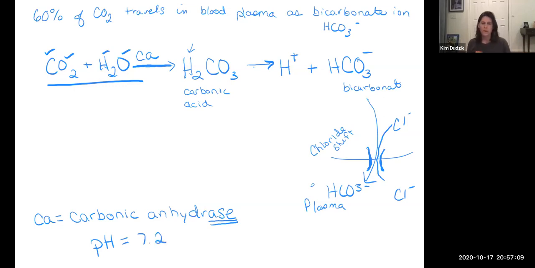And so what happens is if other processes are going on where hydrogen is being released, remember more hydrogen ions lowers the pH value. So 7 is neutral. That's really acidic for us. It doesn't work for us. Our blood can't be that way. We don't want it to go much lower. Actually, I think our blood pH has a range, 7.2 to 7.4.